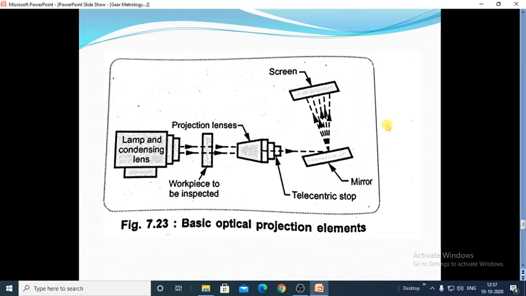In this, whatever image is there is magnified by using this telecentric system, and it is produced at the desired magnification. Then it falls on the screen and can be measured.